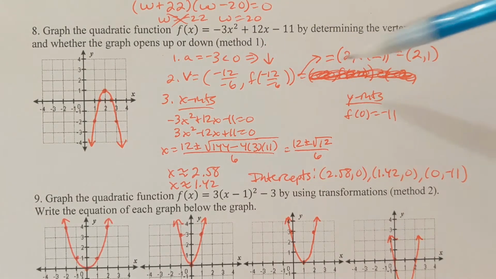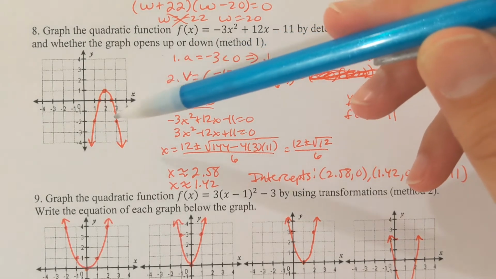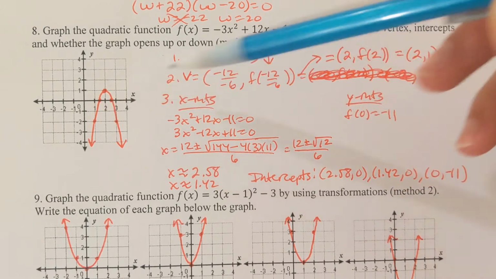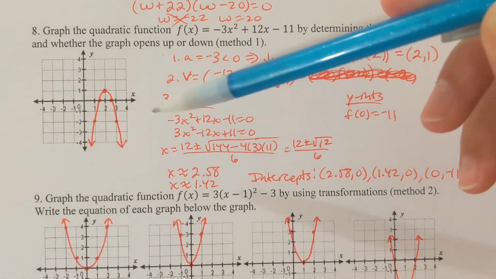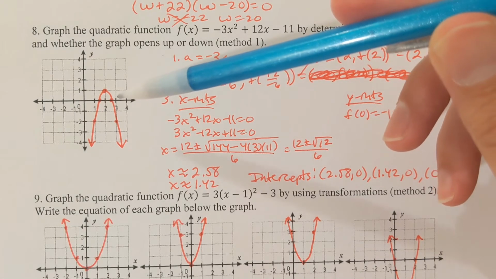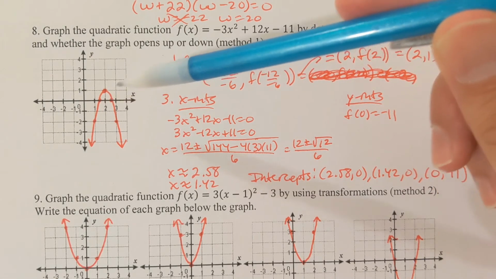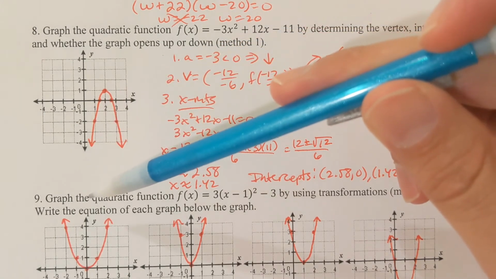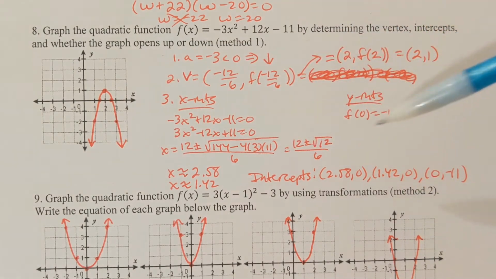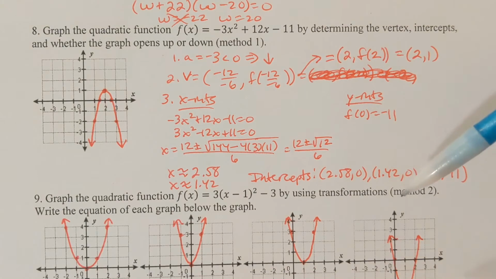Negative 3 means it opens down. Here are my 3 intercepts, 2.58, 0, 1.42, 0, and then 0, negative 11 is way down here. Those are the 3 intercepts on the graph.